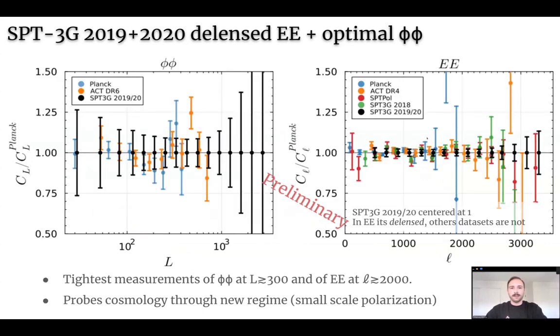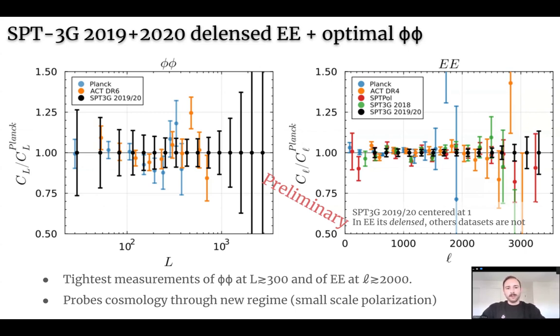And to plot that same data in a different way, this is now showing the ratio to a Planck theory spectrum. Of course, to remain without revealing the results, I've also moved the data points to bang on the theory spectrum, but you can use this plot to compare error bars to some other measurements. And so plotted on here are Planck in blue, ACT in orange, and then some previous SPT results in red and green.